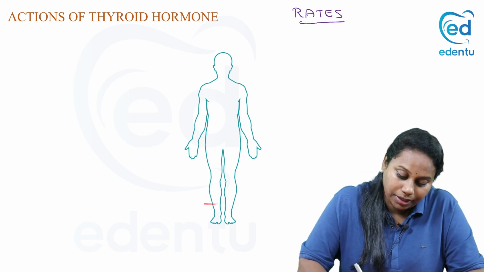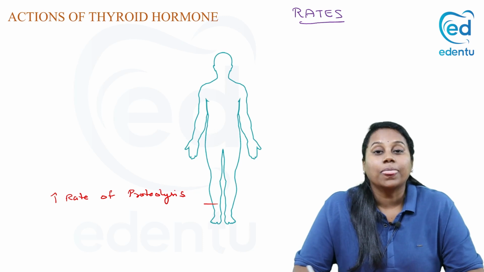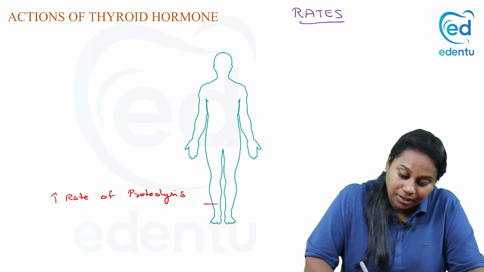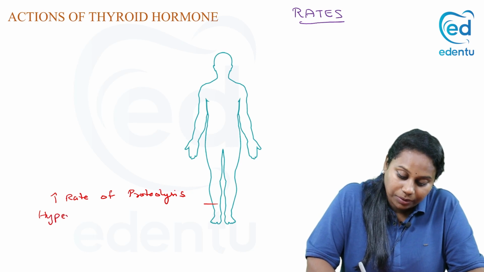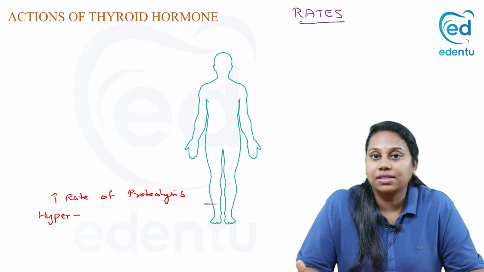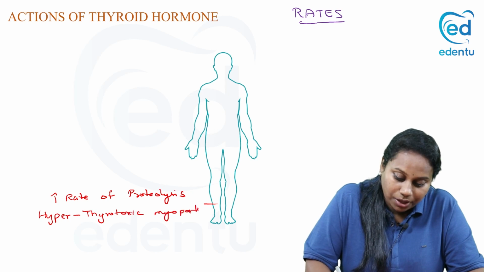Thyroid hormones increase the rate of proteolysis. What is proteolysis? Breakdown of proteins is called proteolysis. That is why clinically, in hyperthyroid patients, there is excessive breakdown of muscle proteins. That is called thyrotoxic myopathy.